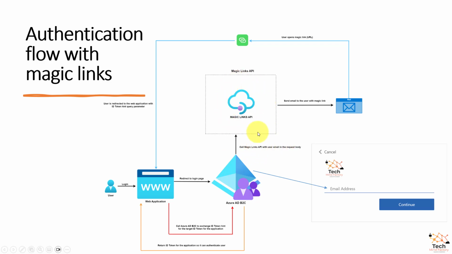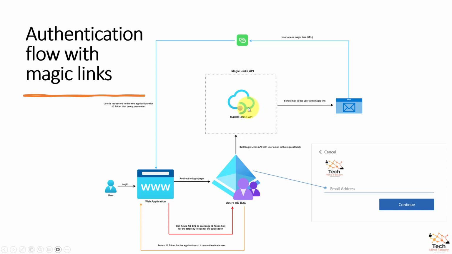So here we have this component called the magic links API. In the magic links API, we will get the email from the request. We will then create the ID token hint, which will contain the email claim, other claims, and the audience, so the client ID of the web application that should receive this ID token hint.